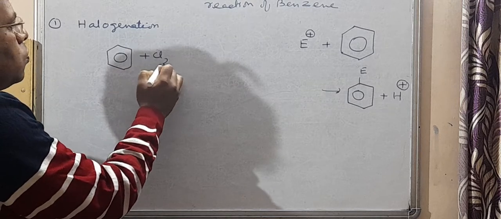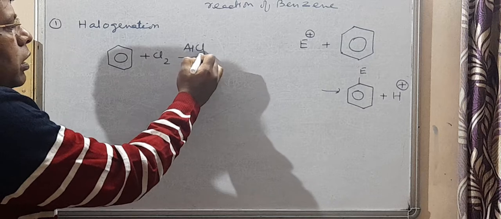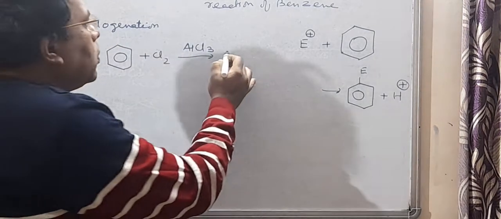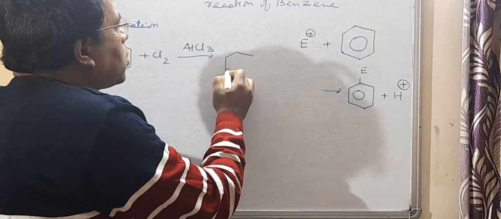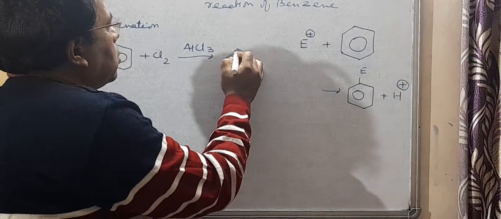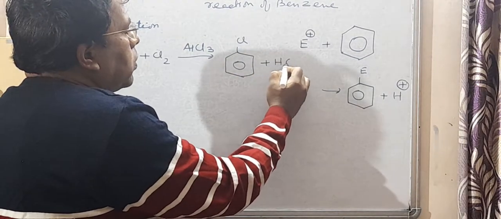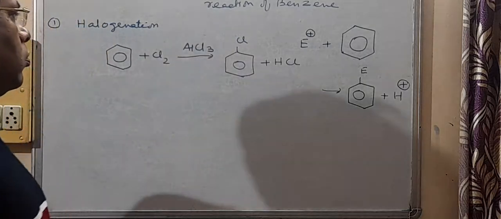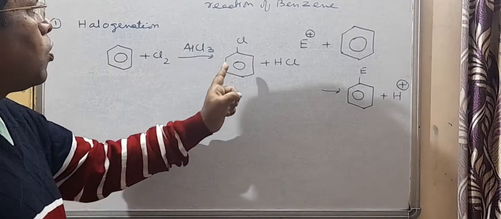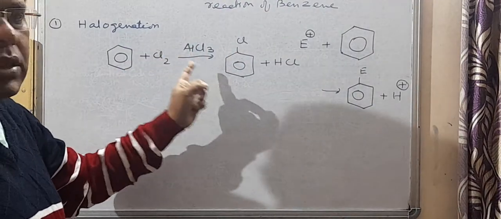Suppose benzene plus Cl2, in the presence of catalyst AlCl3, and we get the product plus HCl. So this is one example of electrophilic substitution reaction, and we will now discuss its mechanism.